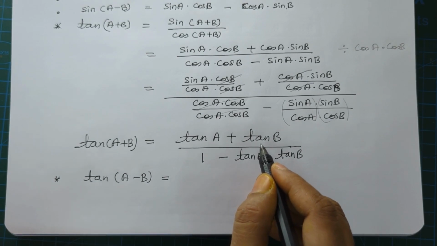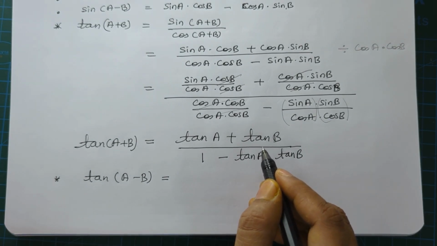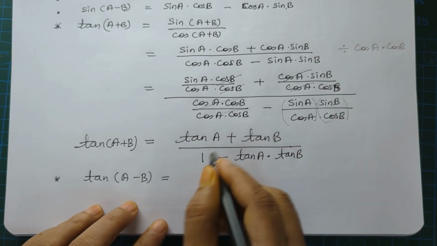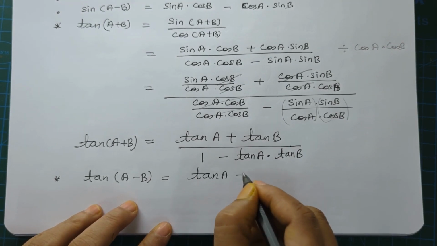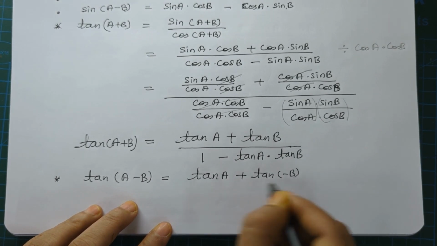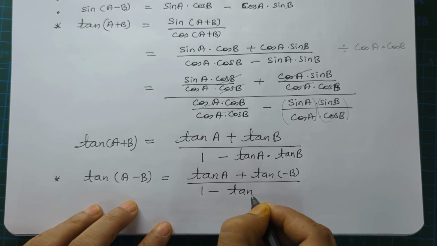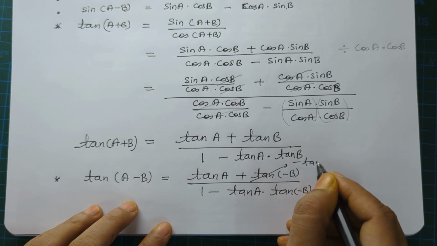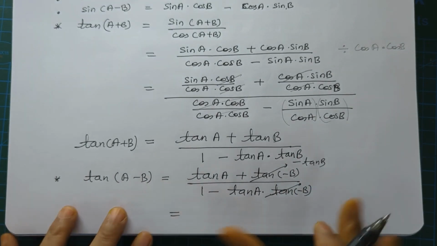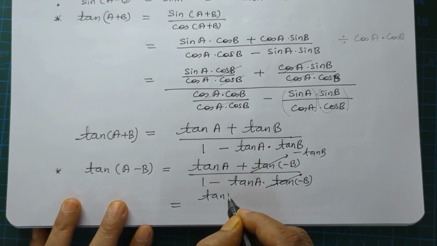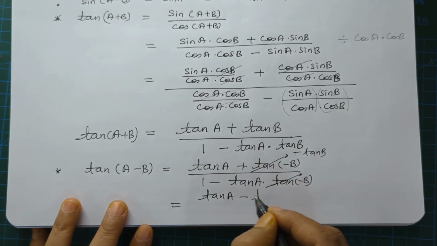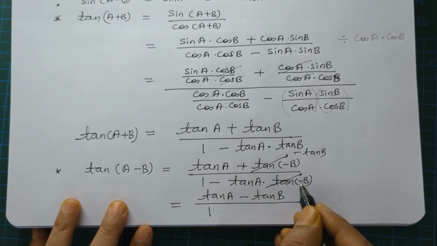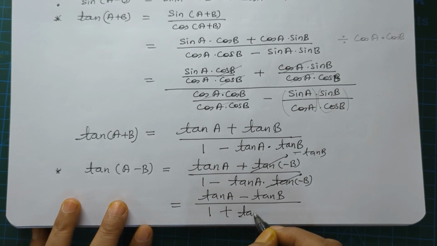Since sine, tan, cot, cosec are odd functions, their negative angle is negative of their angle, meaning tan of negative B is negative of tan B. So here we will have tan A plus tan of negative B divided by 1 minus tan A times tan of negative B. Tan of negative B is negative of tan B. So for tan(A − B), the formula is tan A minus tan B, since plus of minus is minus, divided by 1 plus tan A tan B, since minus of minus is plus.